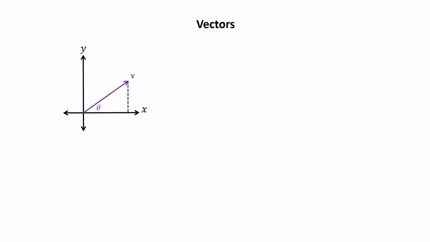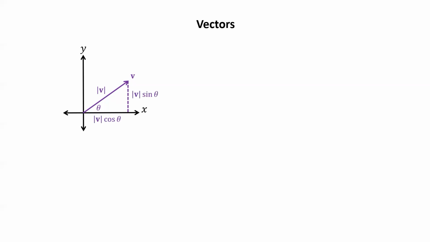Here we have a picture of a vector in standard position together with the angle theta that the vector makes with the positive x-axis. Okay, remember that the hypotenuse of this triangle formed here has length equal to the length of the vector v.